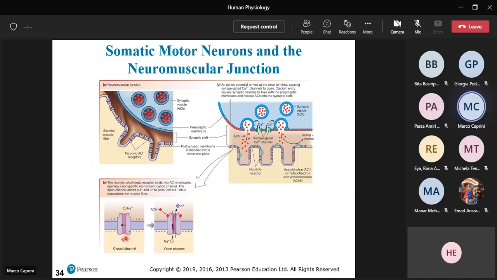Specifically, we already talked about it: this channel is not so selective, so even sodium or potassium can go through it. But when the acetylcholine binds to the channel, only the sodium ion flows inside of the cell.